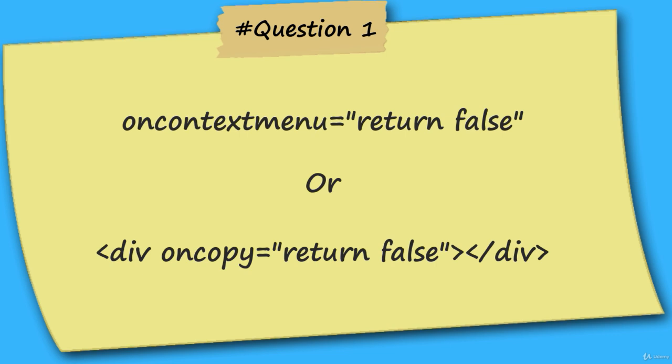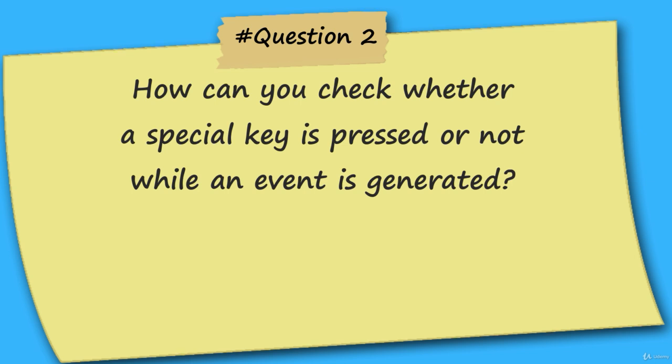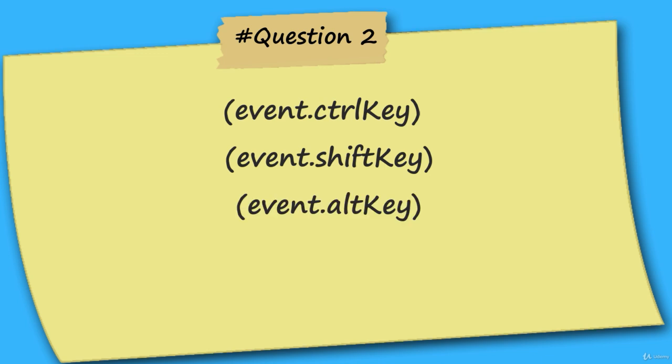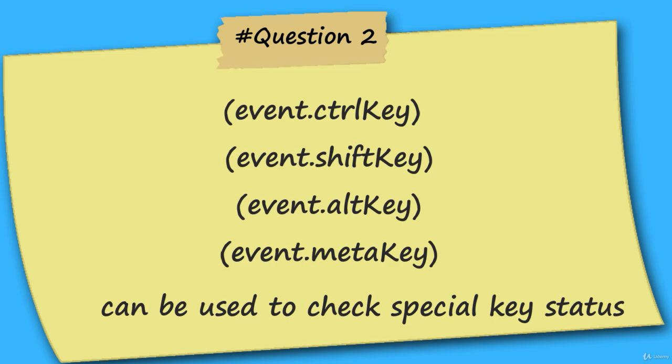The second question is, how can you check whether a special key, that is Alt, Shift or Control key, is pressed while an event is generated or not? So we have already seen that we can use event.ctrlKey, shiftKey, altKey, metaKey. These are the various properties we have with the event object which can be used to check the special key status.